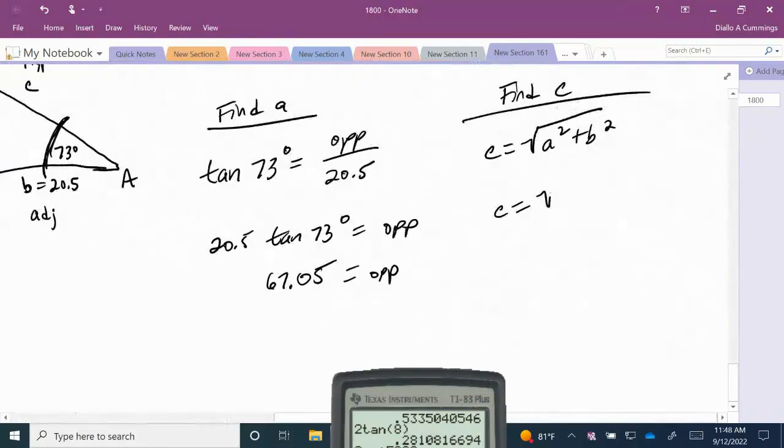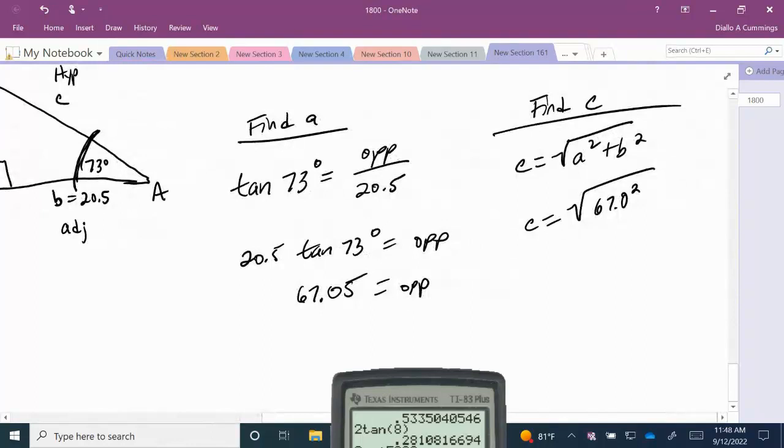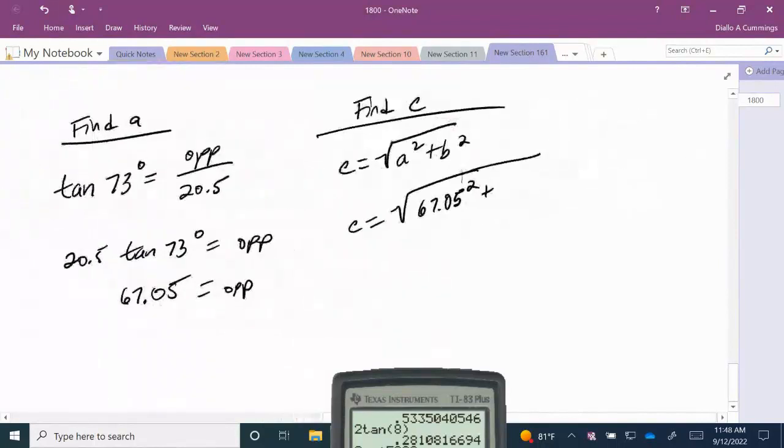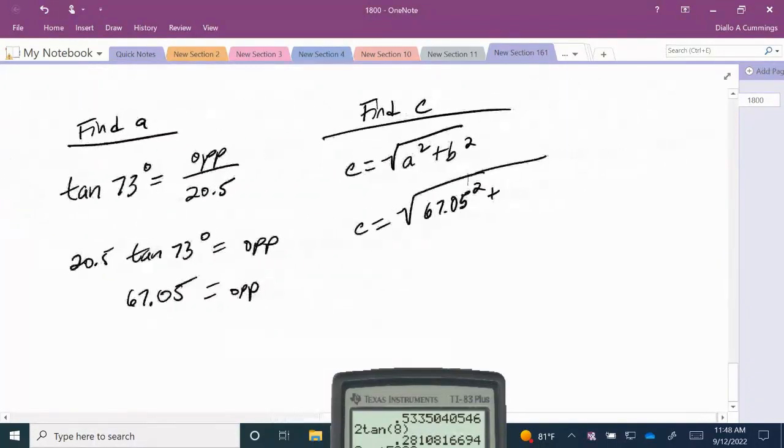So C is equal to the square root of 67.05 squared plus 20.5 squared.